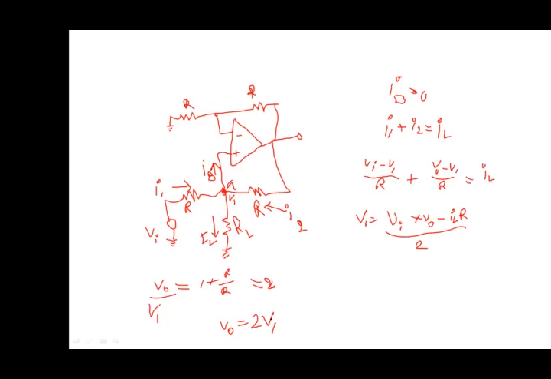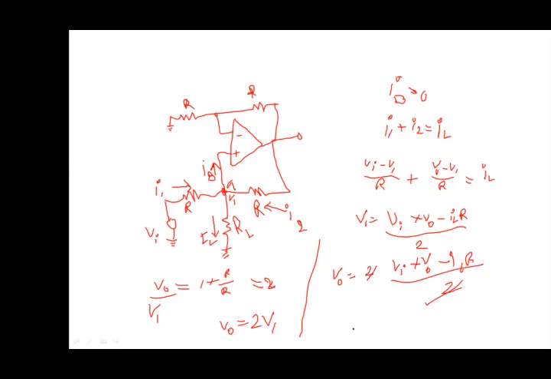So we are going to substitute this value in this equation. V naught is equal to 2 V1, and this 2 will be cancelled. Vi plus V naught minus IL into R divided by 2. This 2 and this 2 get cancelled.